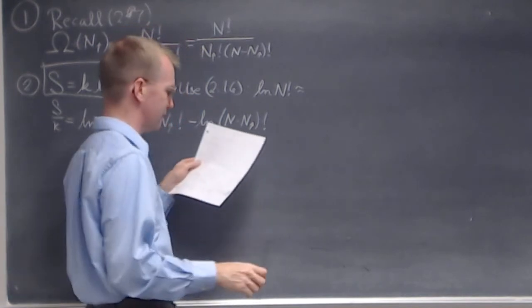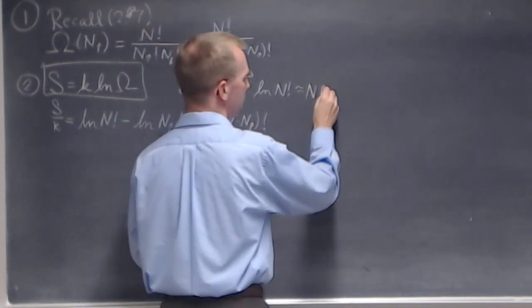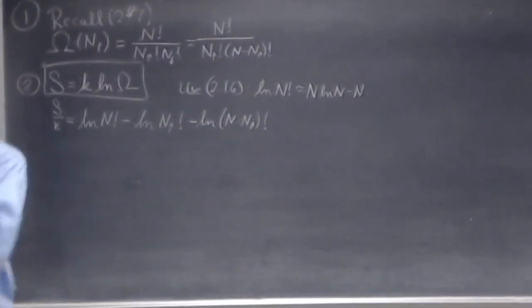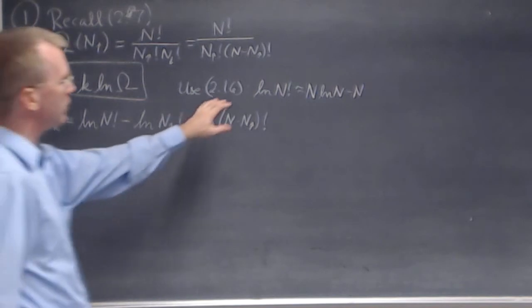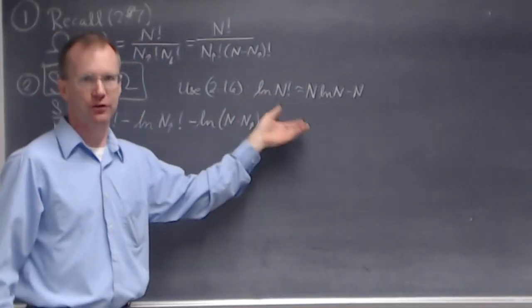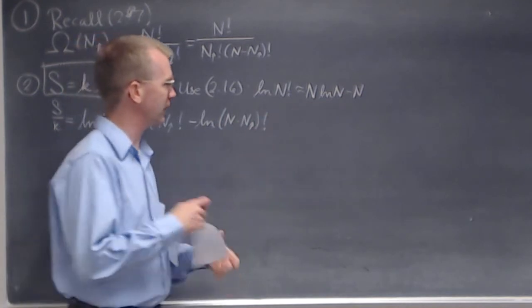Large number, not very large number. N log n minus n, approximately. Now, that doesn't only apply to n factorial, it applies to any large number factorial. Okay, so I'm just writing it down there.